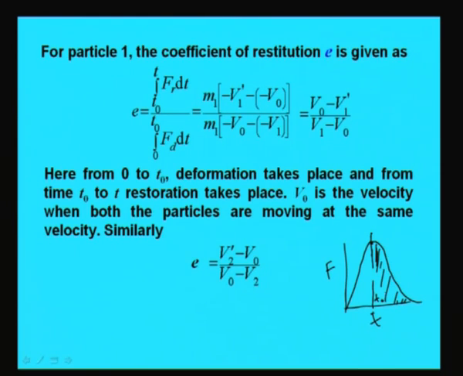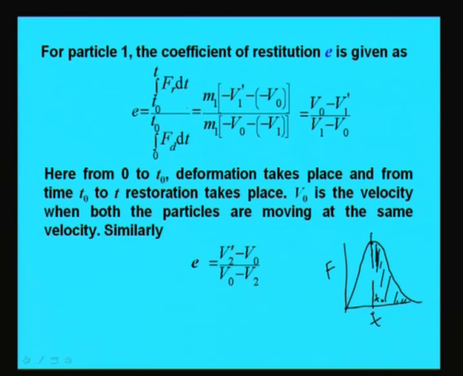Another case: if the bodies are not able to recover, then they will not be able to apply the force either. So Fr will become 0, and that upper part will become 0.